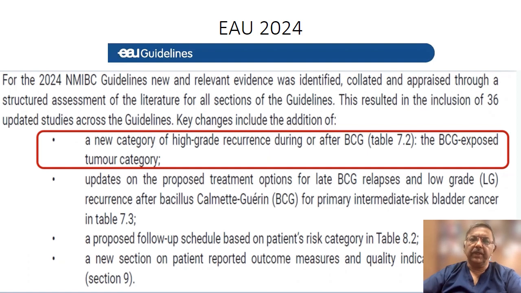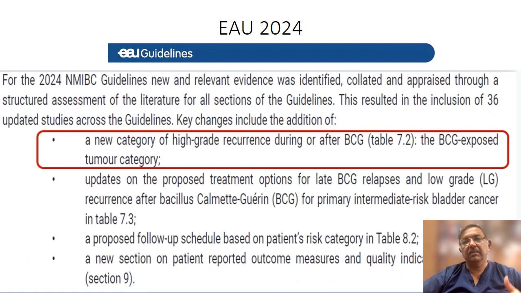Now, if you look at the 2024 EAU guidelines, only recently released at the Paris meeting, significant changes have been made in those guidelines. There is a new category of high-grade recurrence during or after BCG therapy.